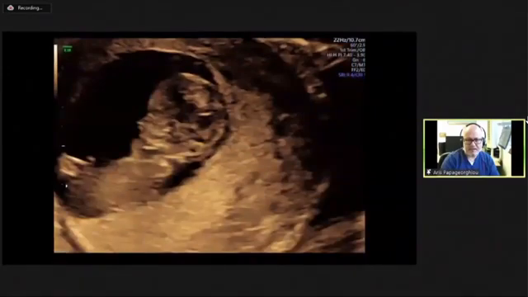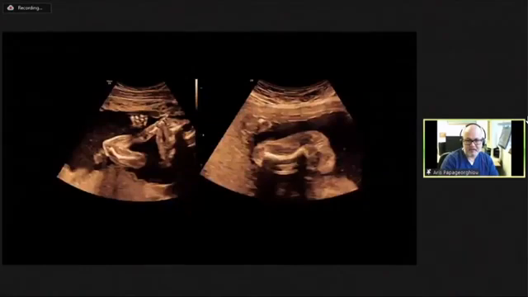And this is a case here in the late first trimester. This was a video but won't play, I'm sorry. But I think even just on that still image, you can see that there's very little, if any, calcification of the bones in that baby. You can see it almost looks all made of soft tissue.